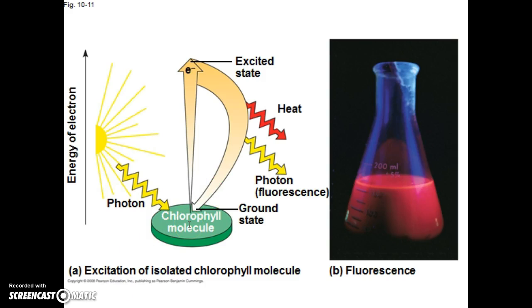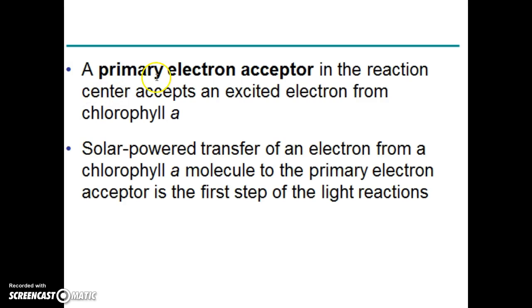But something to consider is when these electrons get excited and all antsy, we need something to kind of hold them and tolerate them, if you will, for a little bit. And that's where these primary electron acceptors come into play. They will accept that excited electron from chlorophyll A and hold on to it. We'll then transfer that electron along the way and release some energy from it.